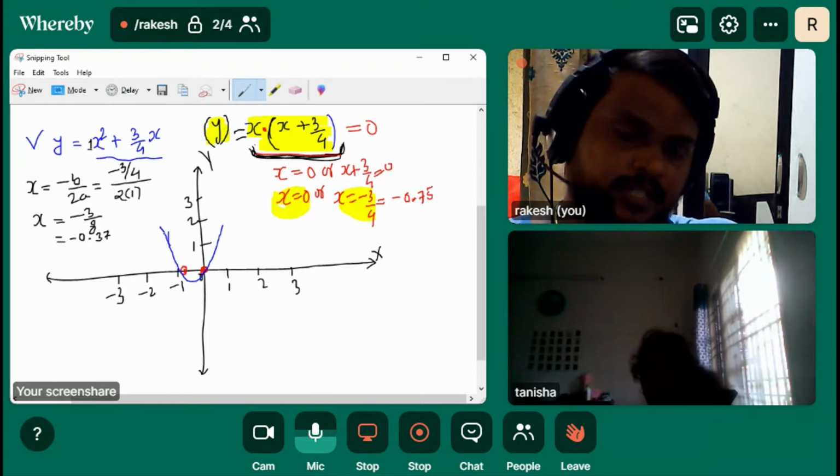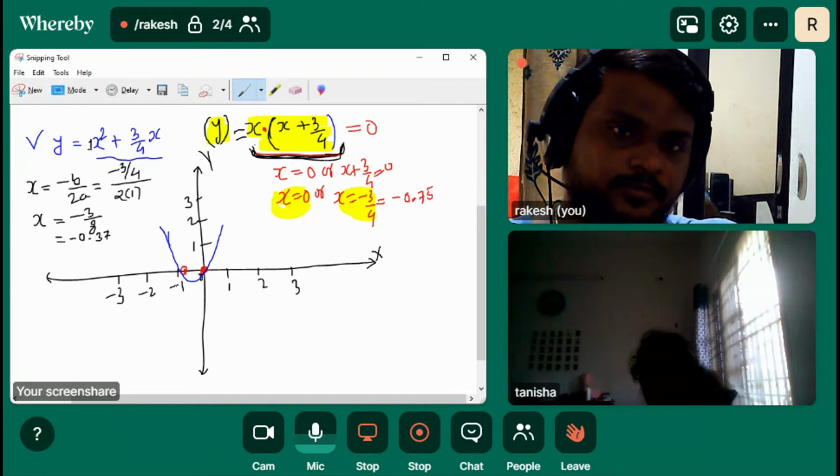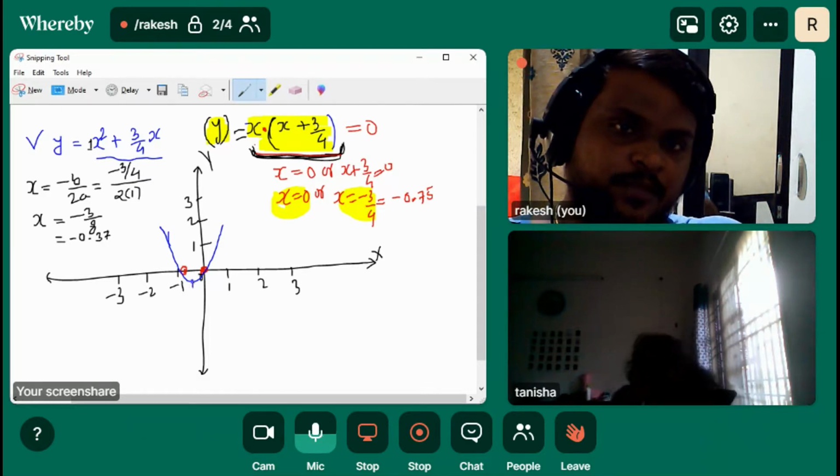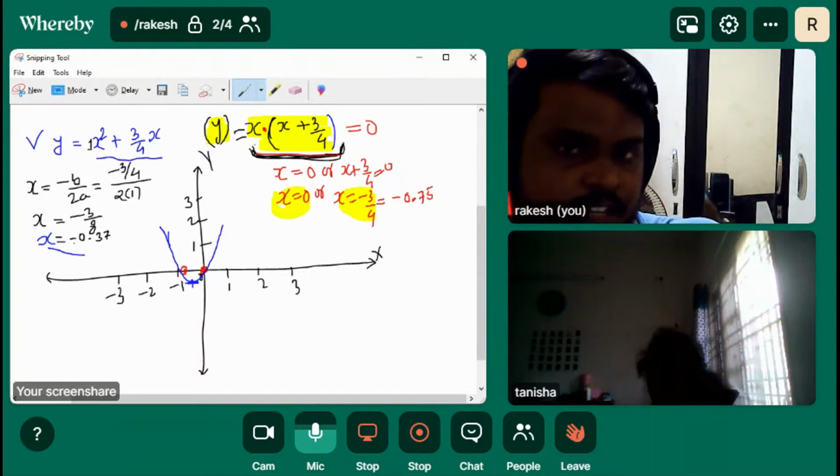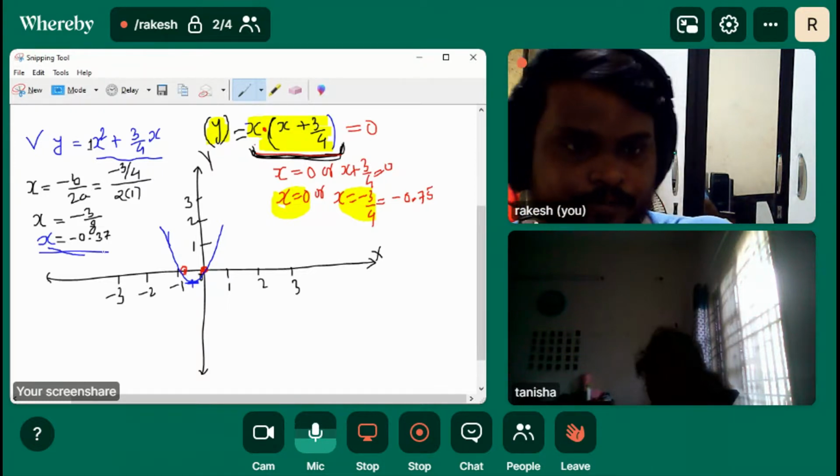But one thing: where does this minimum point lie? That minimum point lies at the axis of symmetry. What is the axis of symmetry? X is equal to minus 0.37, right? That we already found.